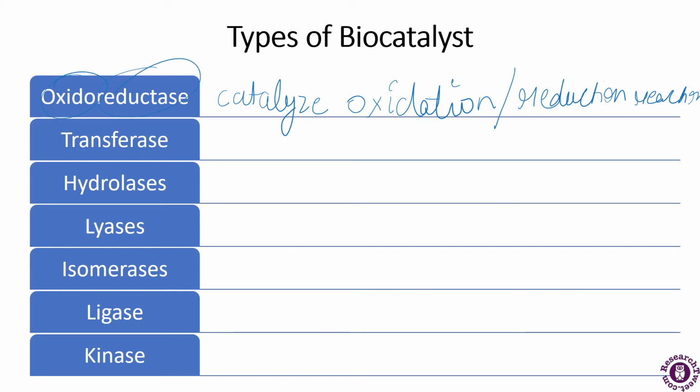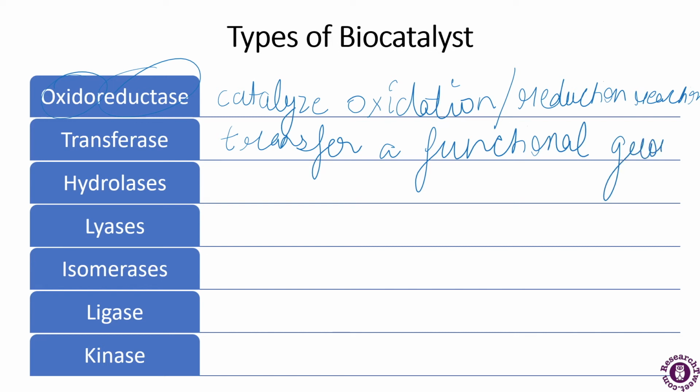Then comes the transferase. As the name suggests, it is the transfer of a functional group. So alanine aminotransferase shuffles the alpha amino group between alanine and aspartate. So this is about the transferase.